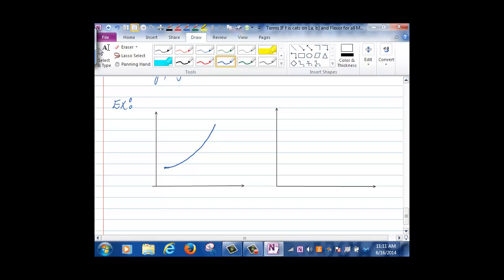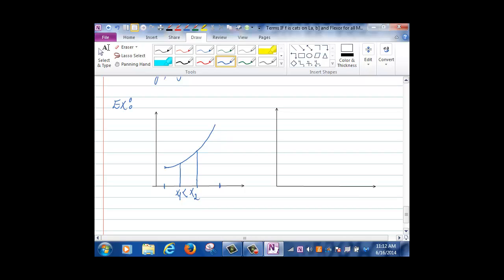Here's the interval, and the function is increasing here. If I pick any x1 less than x2, the function is increasing if f of x1 is less than f of x2.